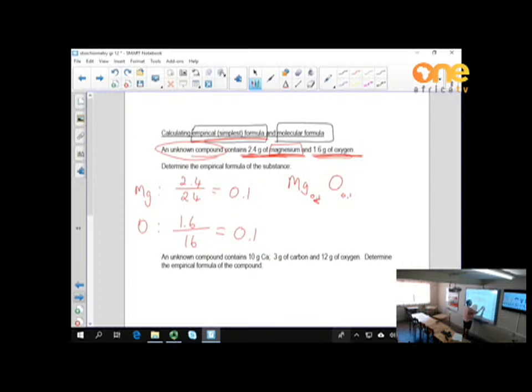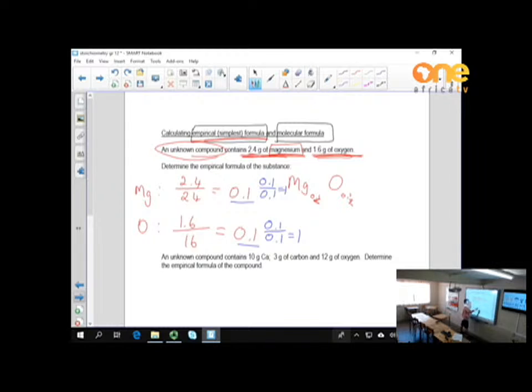Now, can we have half numbers there? We need to get them as whole numbers. So what we're going to do is look at these values and choose the smallest one. In this case, they are both the same. So we divide 0.1 by 0.1, and over here 0.1 by 0.1, and we will get 1.